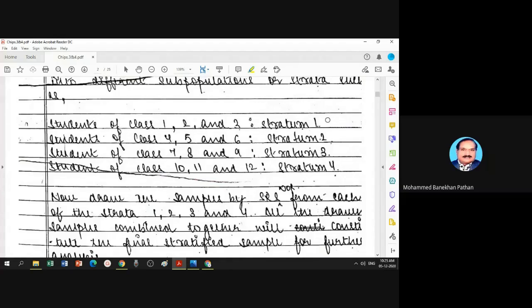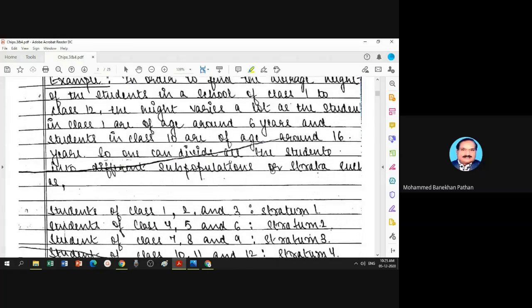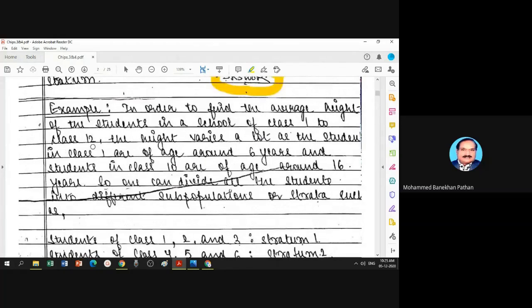That means subpopulation 1, subpopulation 2, subpopulation 3 and subpopulation 4. The advantage of this is every student will be represented in your sample. That may not happen in the original study of all 1 to 12 students.